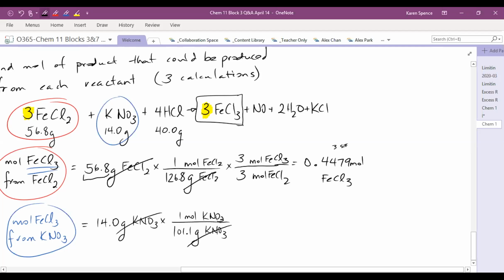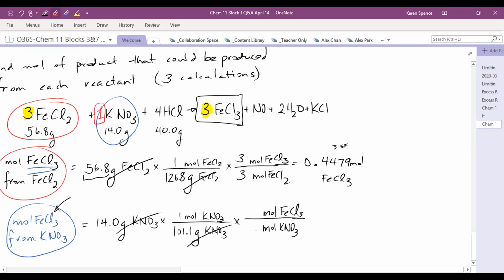Once you are in moles of substance A, you can convert into moles of substance B. So our substance A is the KNO3. Substance B is our iron chloride, moles of FeCl3. And you always get those numbers from the balanced equation. We've got, oh look, there's nothing there, so it's just a 1.